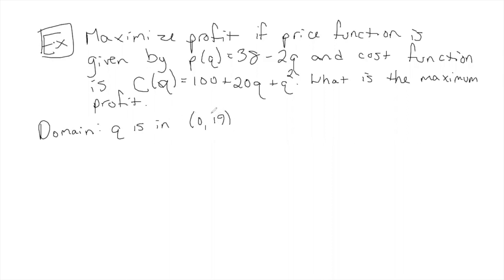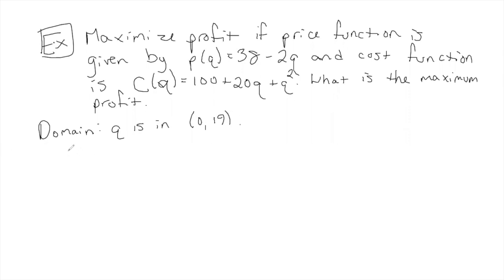And then 19, strictly because my price is never going to be negative. It turns out that the zero of this function, there's only one, is 19. So we're never going to have a price of 0 or less. So of course, Q needs to be less than 19 for this to make sense. Just a little side note. It's also worth mentioning that these are open brackets, so we don't have to worry about checking endpoints here.